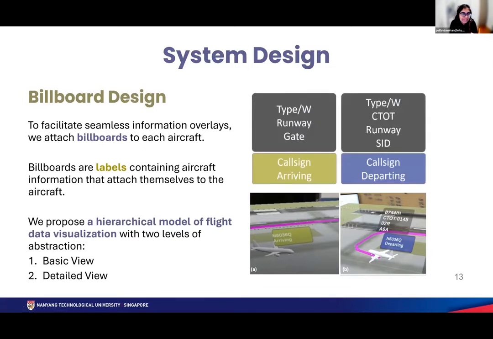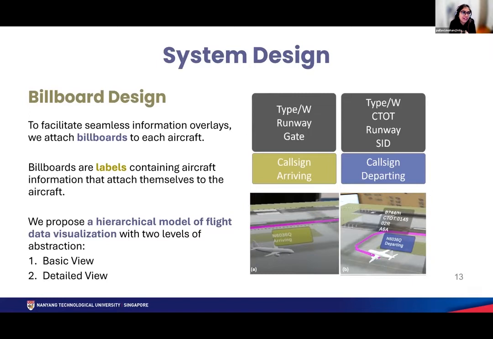Billboards are basically labels or flight tags like we see in other digital tower systems that contain aircraft information that attach themselves to the aircraft. Now, co-locating aircraft billboards with the relevant aircraft allows controllers to switch between information retrieval and visual inspection seamlessly. But to avoid visual clutter and information overlay overcrowding, we propose a solution to this.